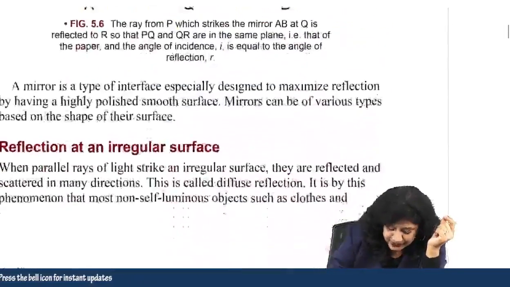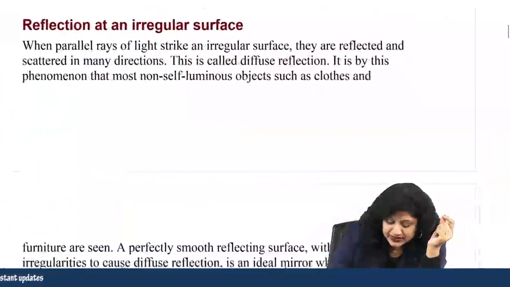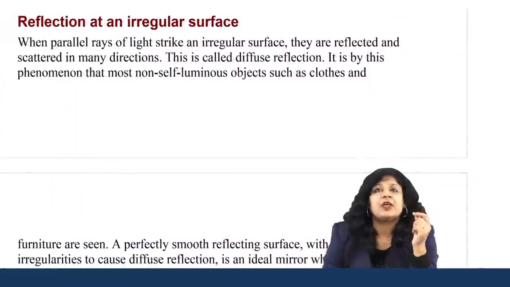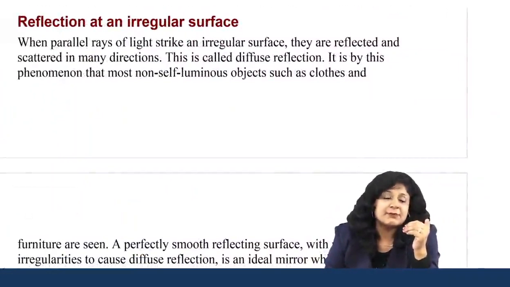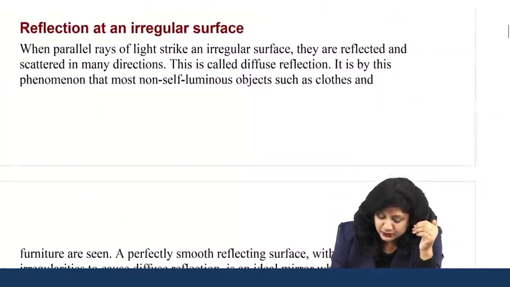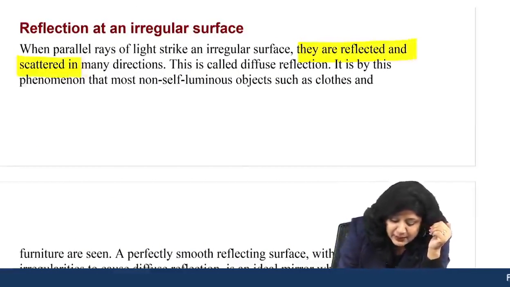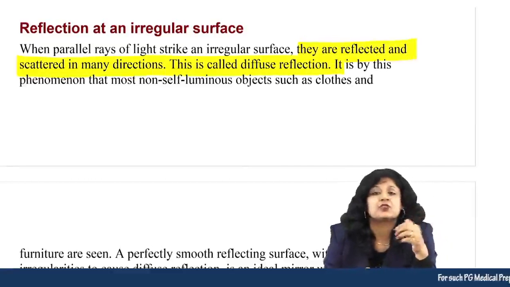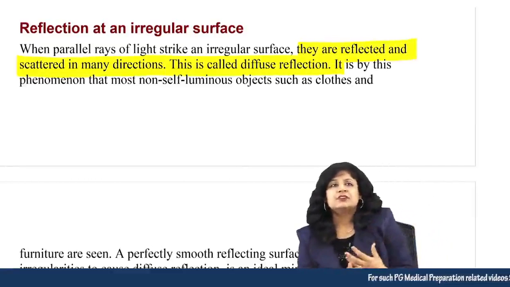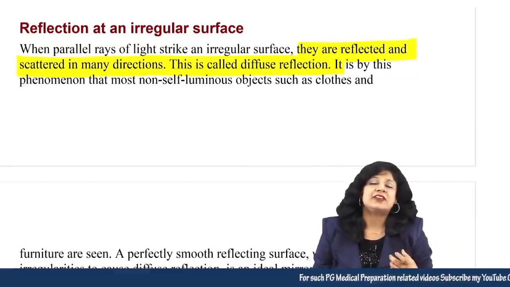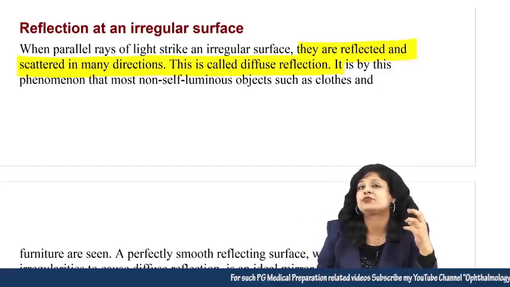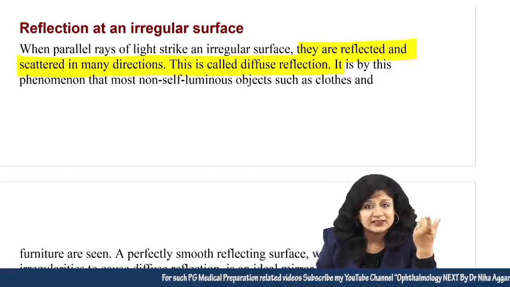Now coming to reflection at an irregular surface. Whenever reflection takes place at an irregular surface, the light is reflected and scattered in many directions, and that is why it is called diffuse reflection. Instead of the word scattering, they are using the word diffuse reflection, but I think they mean one and the same thing.